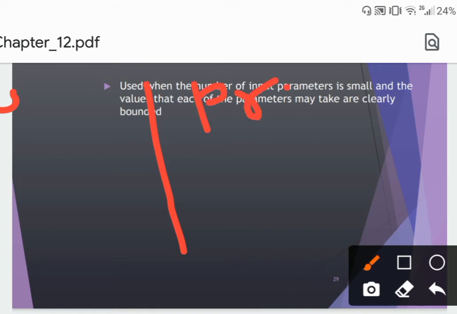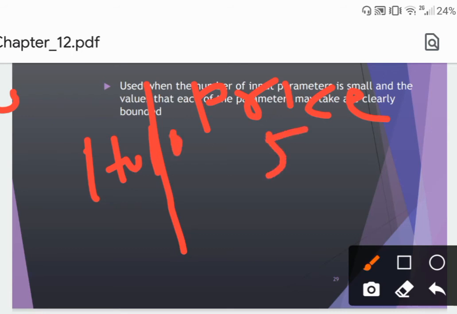This is the price. So what you are going to see here is, for the first 10 units, that is between 1 to 10, the price is 5 rupees. For the next 10 units, that is between 11 to 20, the price is, suppose, 4.7 rupees.